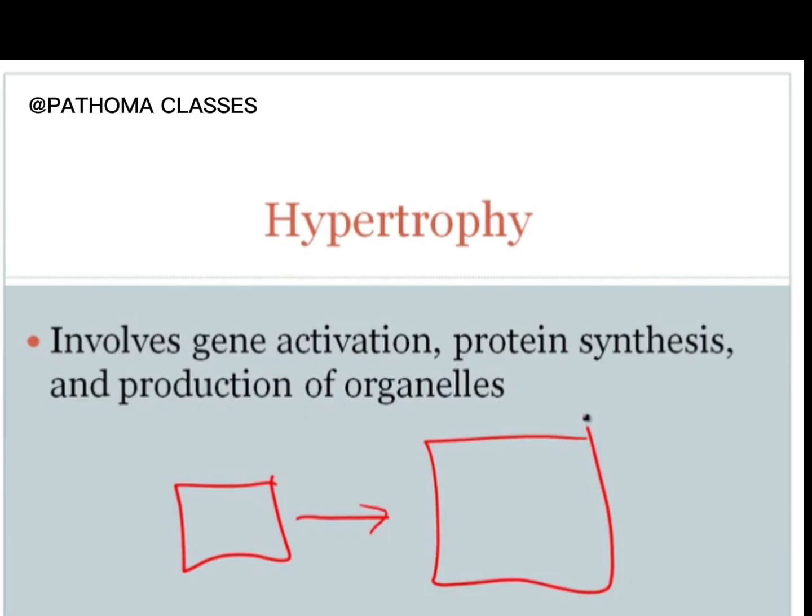Now, if we're going to increase the cell size, a couple important things. First of all, recall that a cell has a skeleton, which is called the cytoskeleton. And that cytoskeleton is what gives the cell its size and its shape. If we want the cell to become bigger, we're going to have to increase the production of that cytoskeleton. And the cytoskeleton is predominantly made of protein.